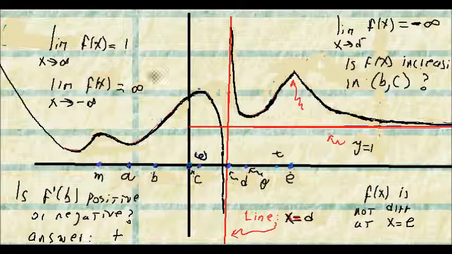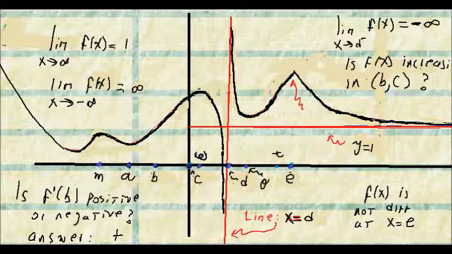If I were to take derivatives of this function and compute tangent lines, they would all be pointing up between b and c. They would all be pointing up. Therefore, the function would be increasing. So what does that mean? It means that the derivative is positive. So let me write the answer to this.